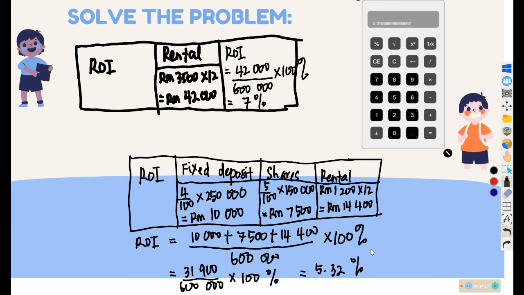Based on the ROI here, Mr. Ramasamy's ROI is higher compared to Encik Nik Izwan.